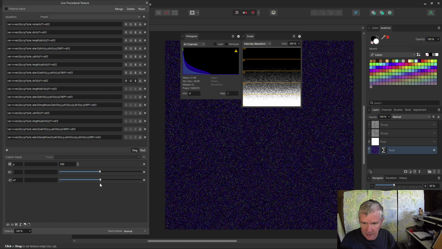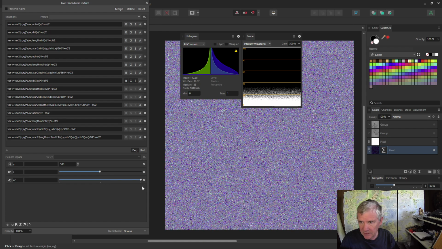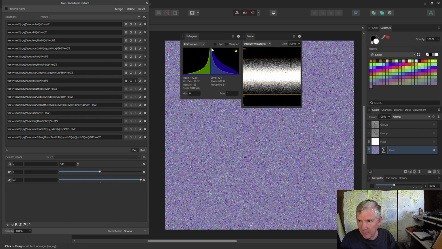If I bring this down and put an offset on it, I can see, if I look at just the red channel, that it's centered right here. The green channel looks identical to it, but the blue channel has only half of a distribution, and it's a little bit different than the other two. So that's sort of confusing for me.